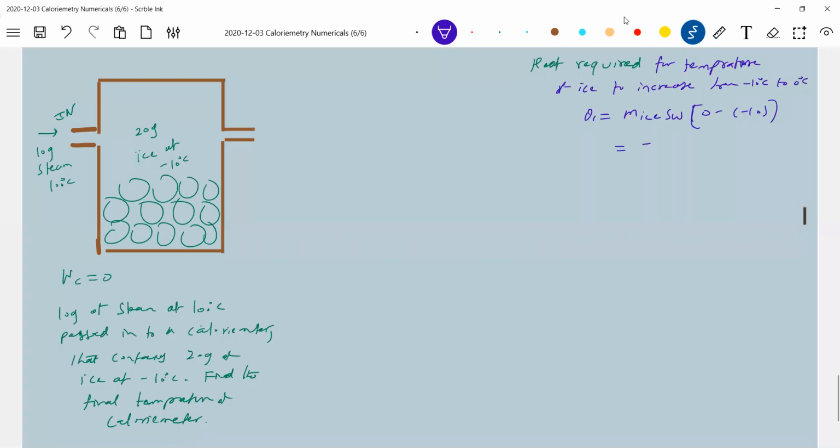Mass of ice 20, specific heat of ice is 1/2, 10. 100 calories. Okay, this one.